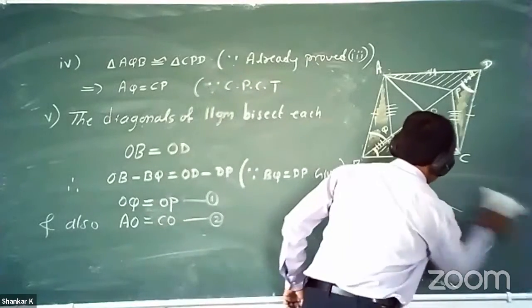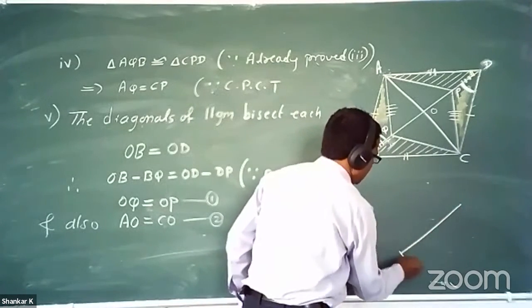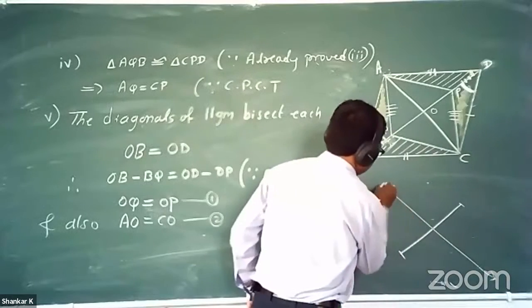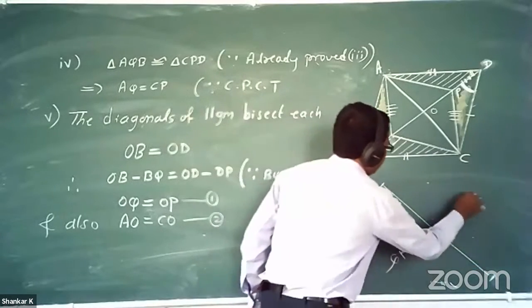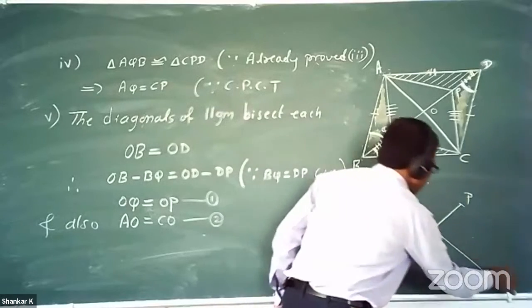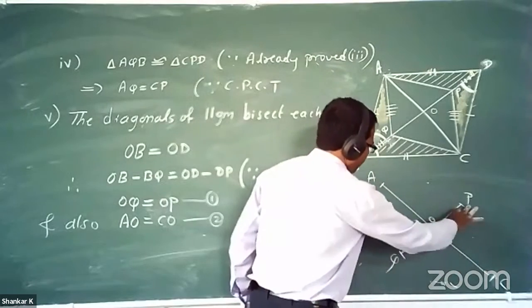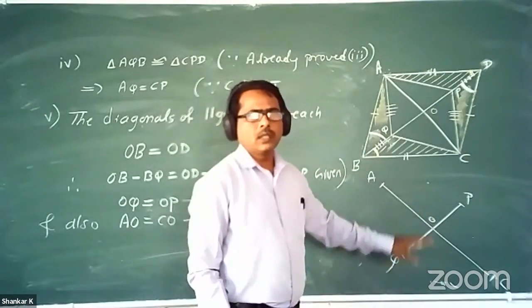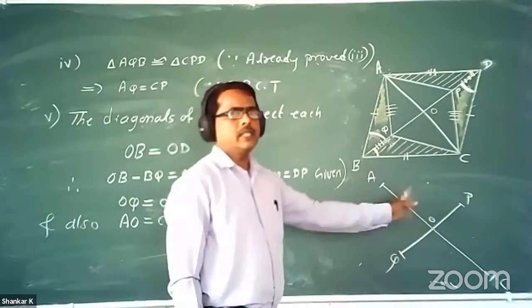If not, one more diagram like that. Here Q, P, A, it is like this. Now AO equal to CO and OP equal to OQ, that is, the diagonals bisect each other. If in a quadrilateral the diagonals bisect each other, it is a parallelogram.